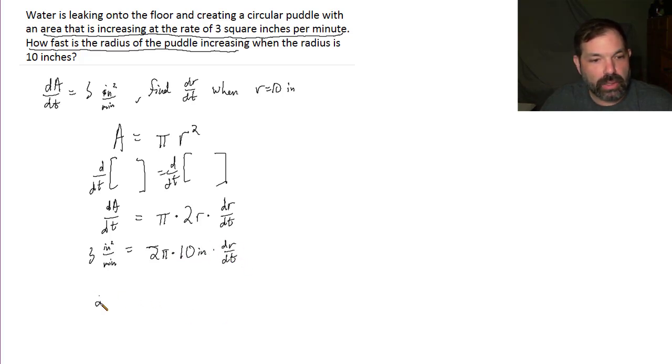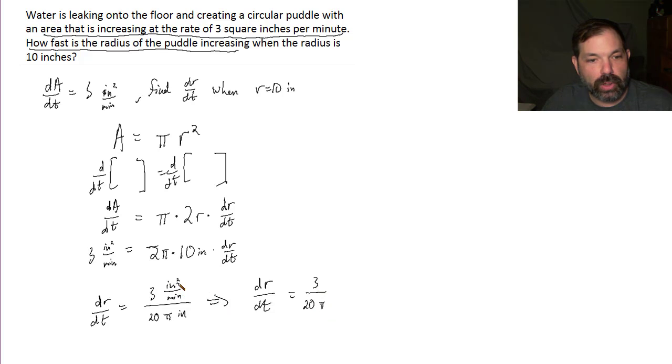So then dr dt would equal 3 square inches per minute over 20 pi inches. So then dr dt would be 3 over 20 pi, and then inches squared per minute divided by inches, that would be inches per minute. That seems reasonable.